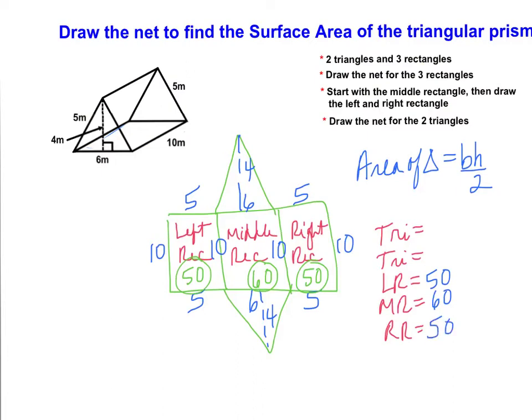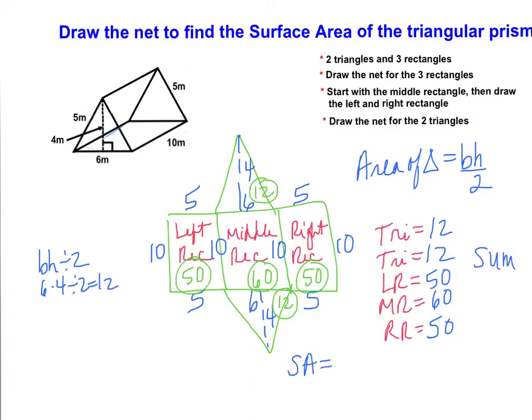Now for the triangles. Triangle, base times height divided by 2. 6 times 4 divided by 2 is equal to 12. So that means this is 12, and since they're congruent, this also has to be 12. So 12 and 12. And so surface area is the sum.